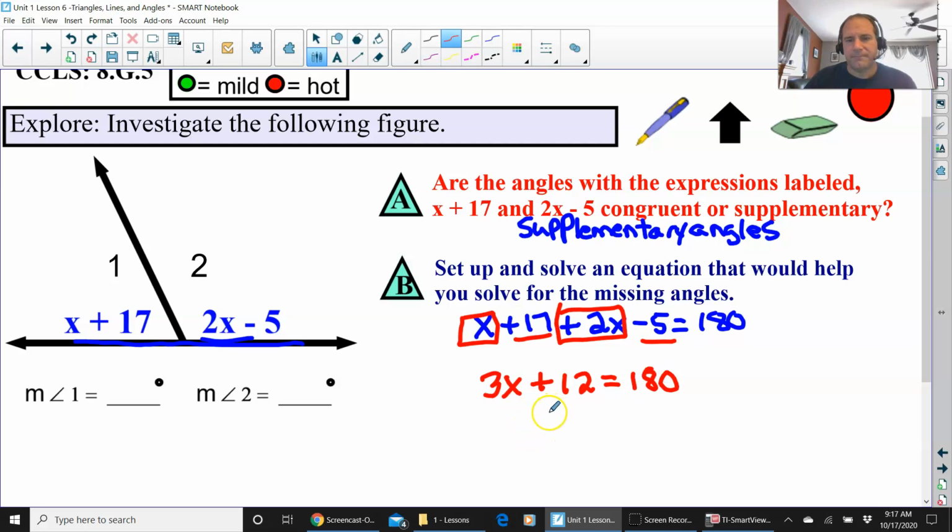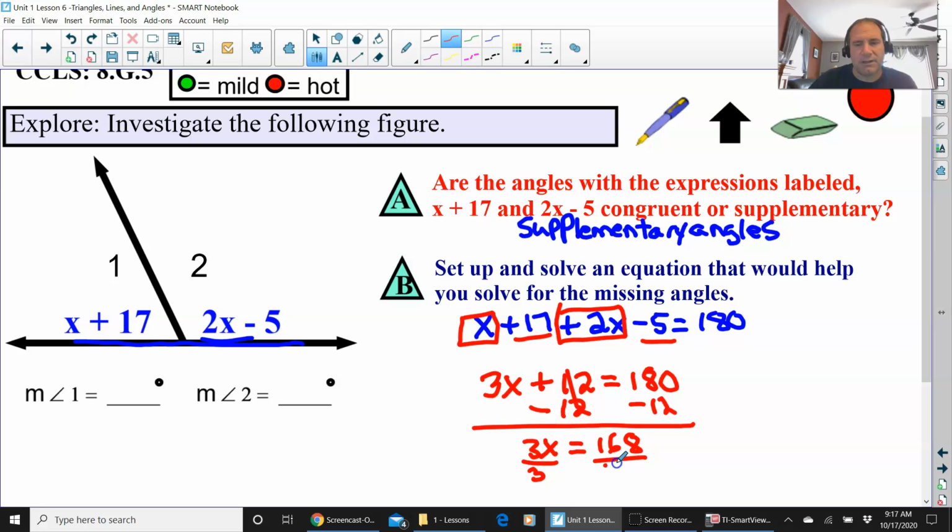All right. Now you subtract by 12 on both sides. This cancels. 3x equals 168. Divide by 3 on both sides.